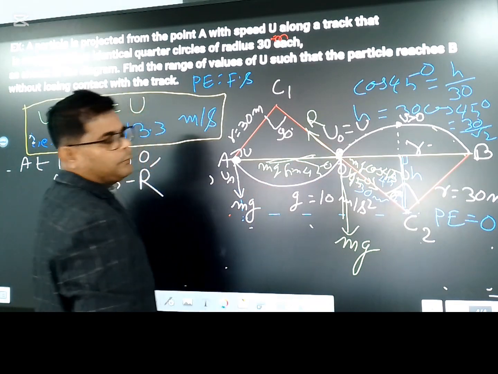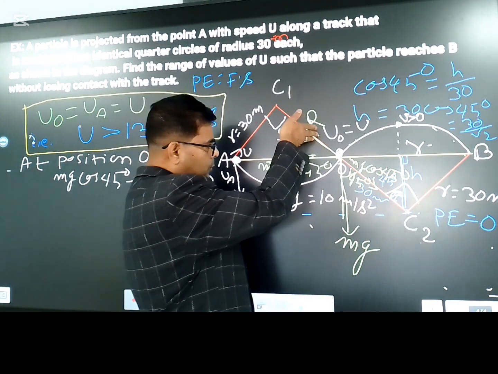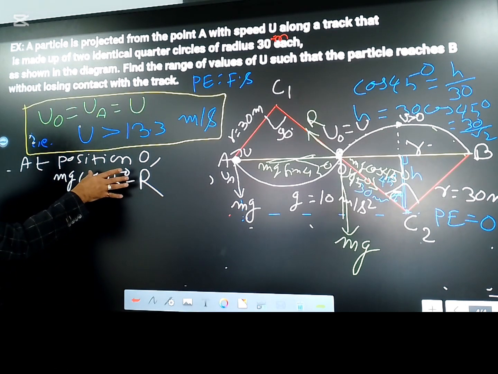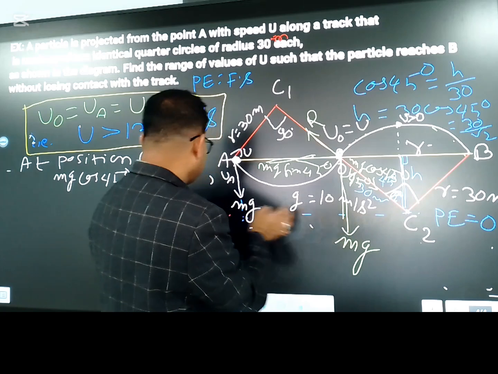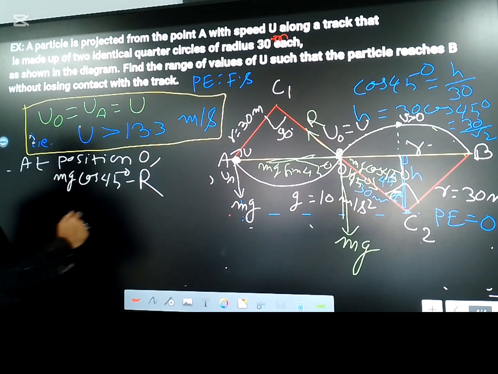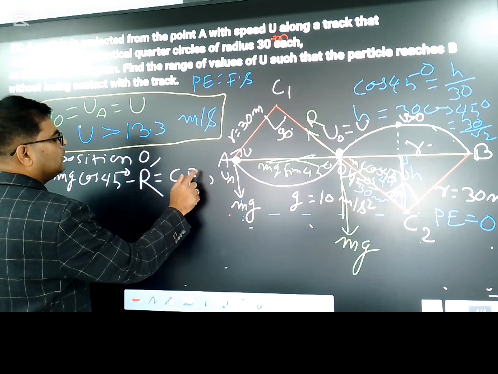Now, if you consider the force towards C2, this amount of force must be positive towards C2. That means this amount should be greater than 0. And this would be equivalent to the centripetal force.